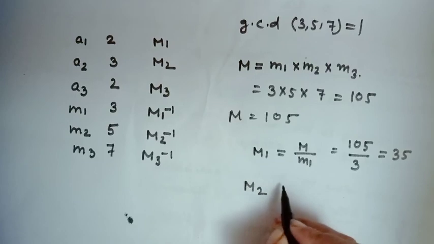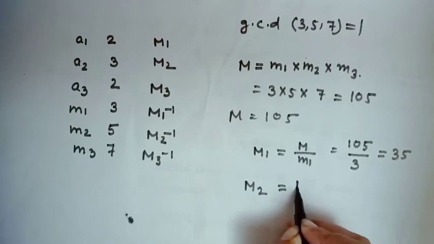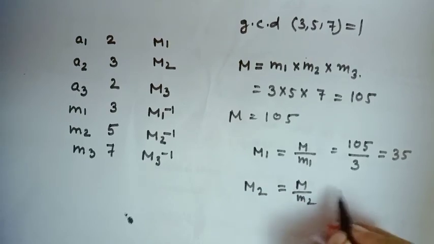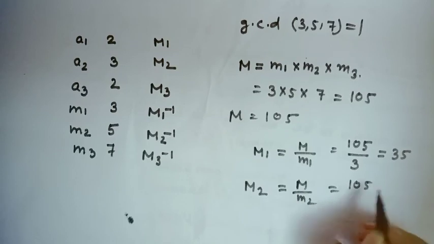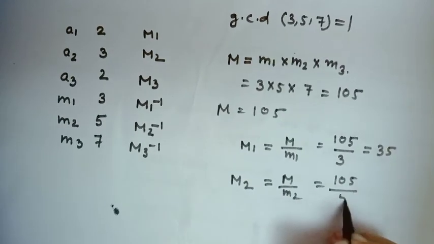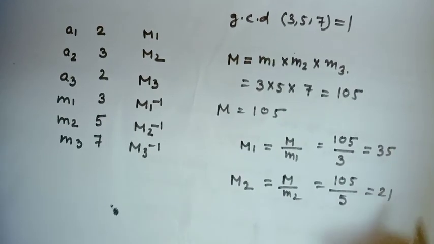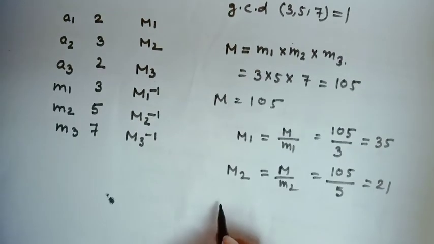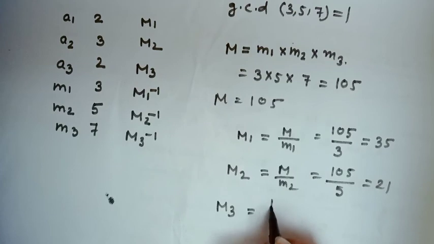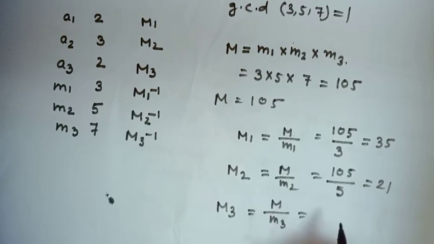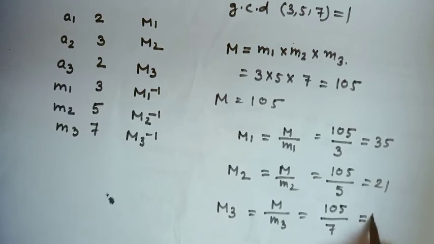M2 equals M over small m2, that means 105 divided by 5, which equals 21. M3 equals M over m3, which is 105 over 7, equal to 15.